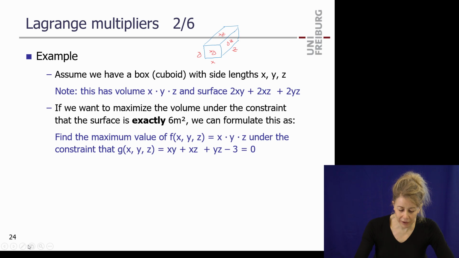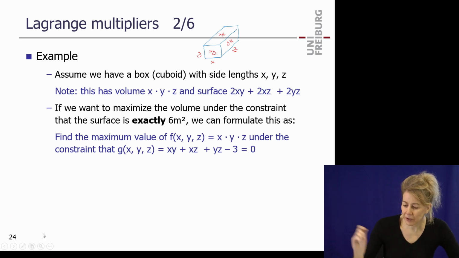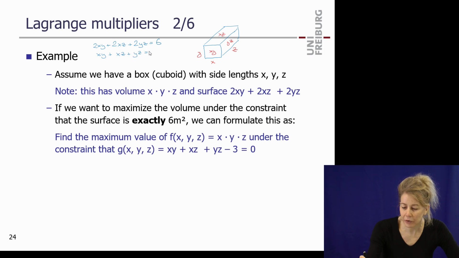And note here this little transformation that I did. My surface, I said it's 6 square meters. So it's 2xy plus 2xz plus 2yz is equal to 6. Well, I can divide it by 2: xy plus xz plus yz is equal to 3.